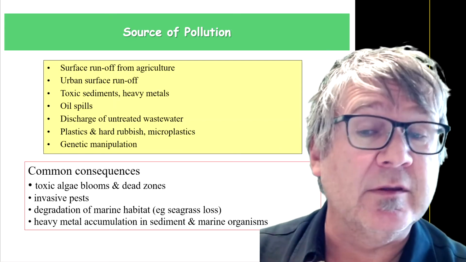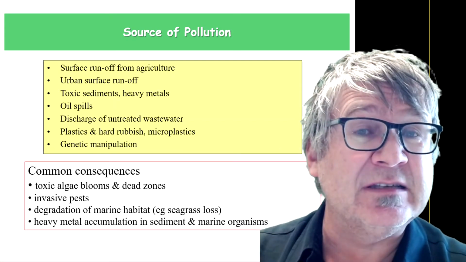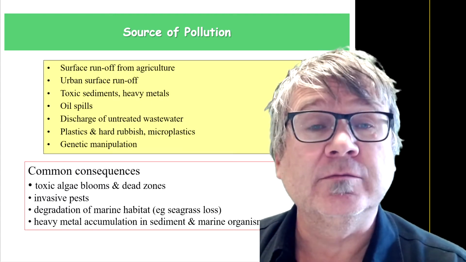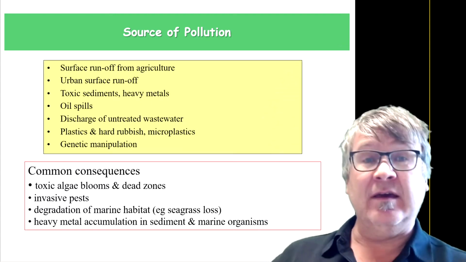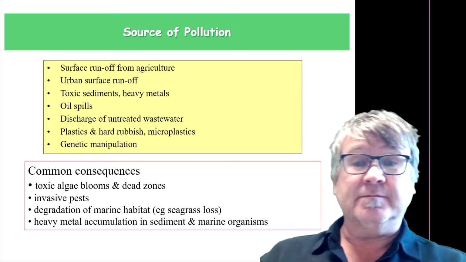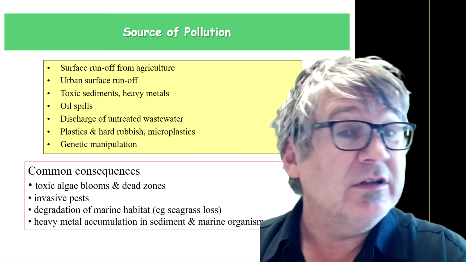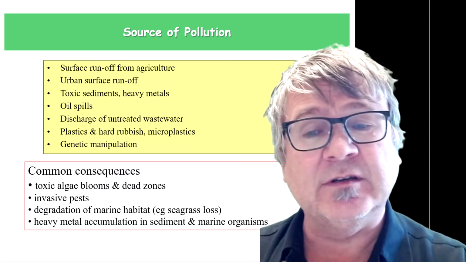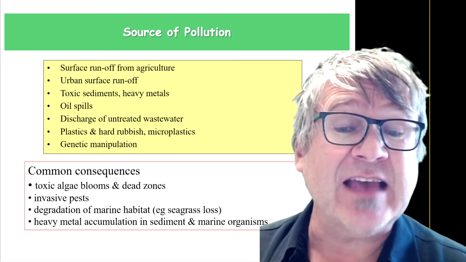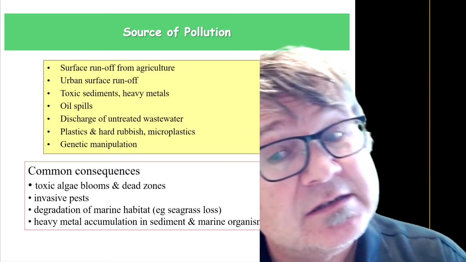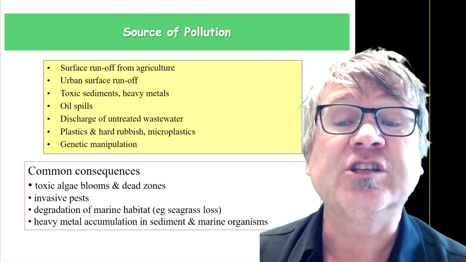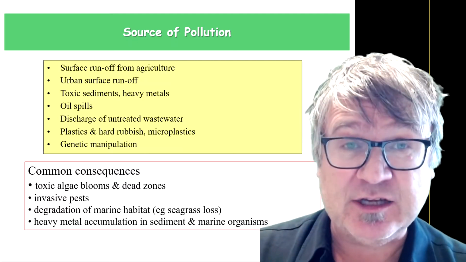Nutrients is a big one. It's not explicitly listed here, but a high nutrient load, nitrogen. Okay. Oil spills, indeed, discharge of untreated wastewater, plastics, hard rubbish, microplastics. And indeed, you can also list genetic manipulation.